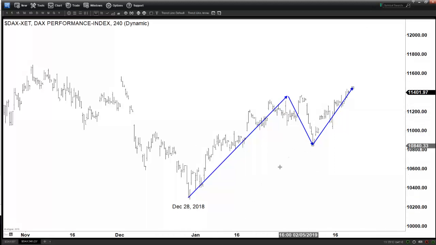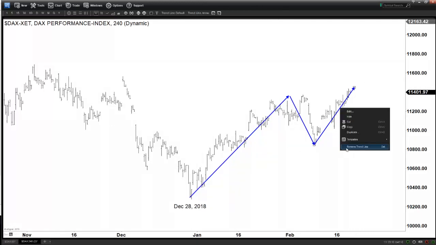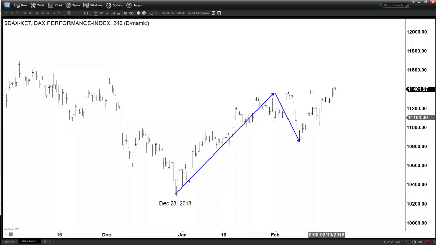And that's why the most likely path for the index is to continue to extend higher as far as the dips stay above this low over here. So that's what we are showing in the shorter cycle in the 45 minutes chart earlier.